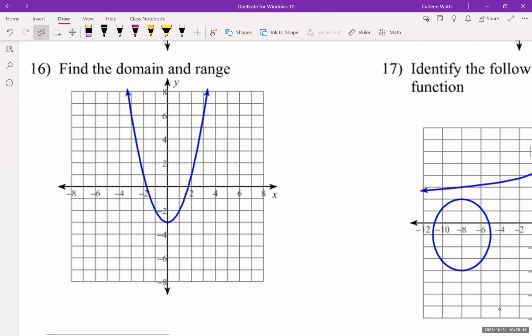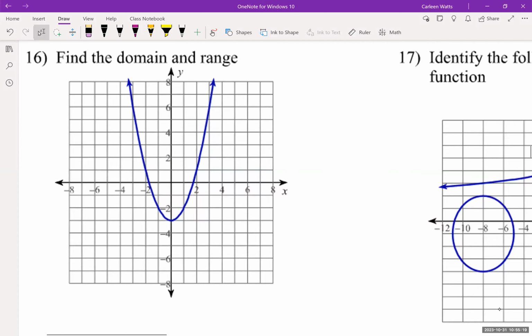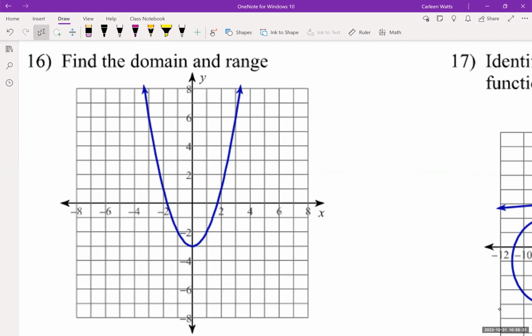Now, if you take future math classes, it's very common to see a parabola, and you're going to need the domain and range for a parabola. The domain for a parabola is always -infinity to infinity. Notice forever to the left, forever to the right.